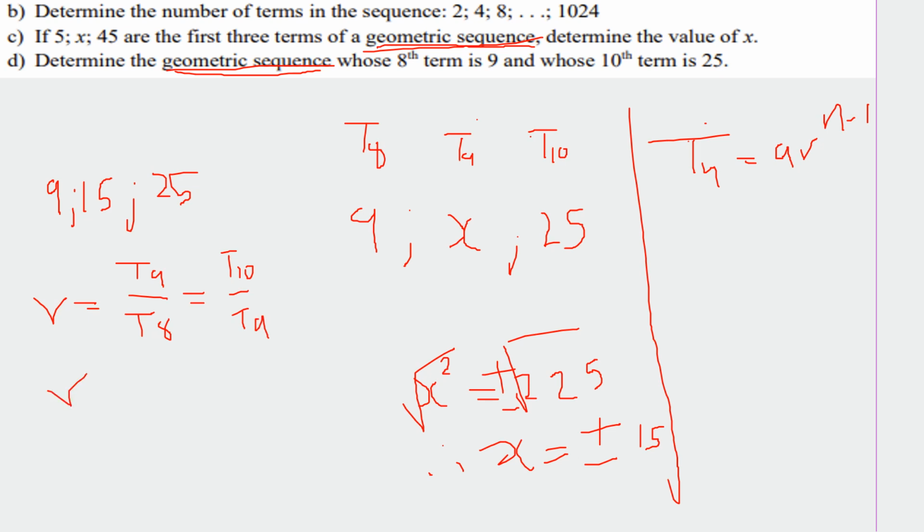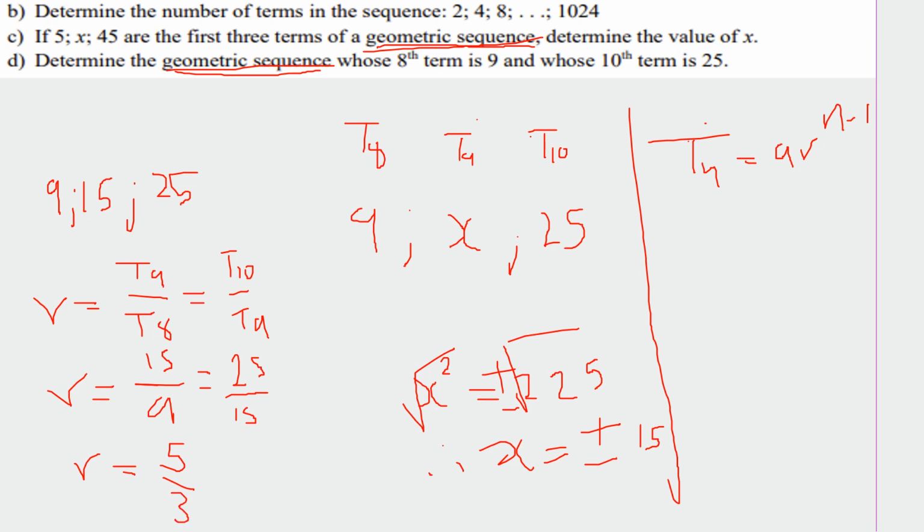The value of r will be 15 divided by 9, or 25 divided by 50. Let me check. 15 divided by 9 gives us 5/3, which is the same as 25 divided by 50.